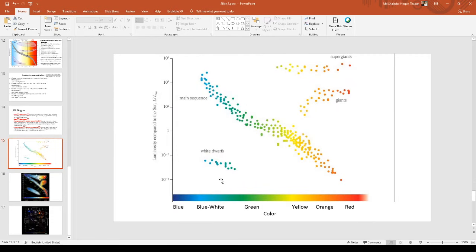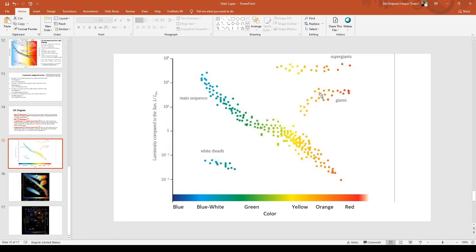Now think about the giants. The giants are red giants usually, right? Most giants that we know about are red giants. So they will be exactly above red. And they are large, right? They are giants. So the Sun is around here, remember? Sun is around here, like one here. So the giants are definitely bigger than the Sun.